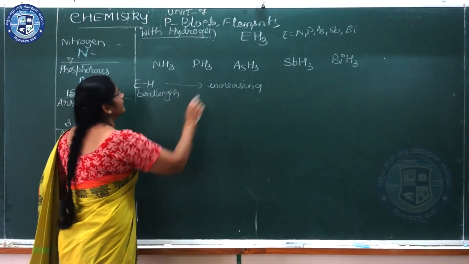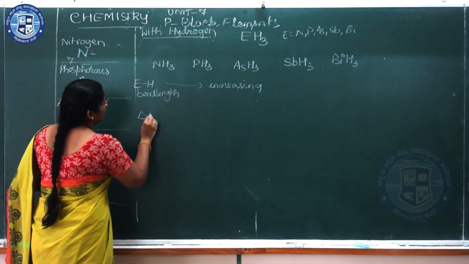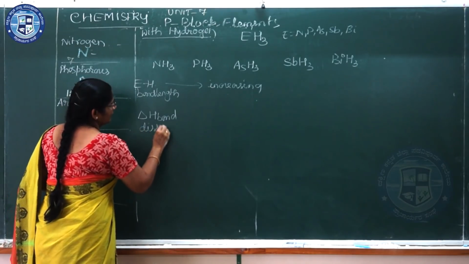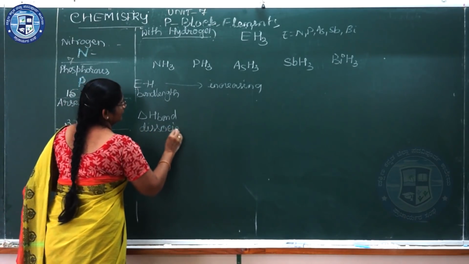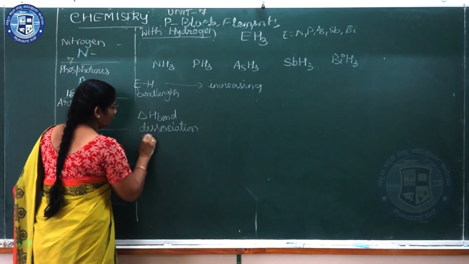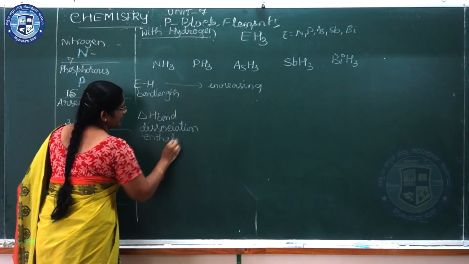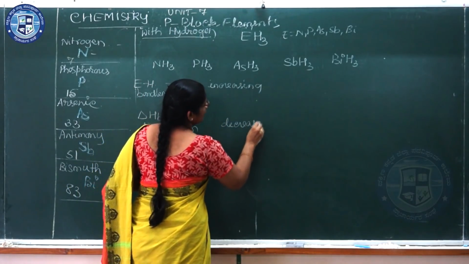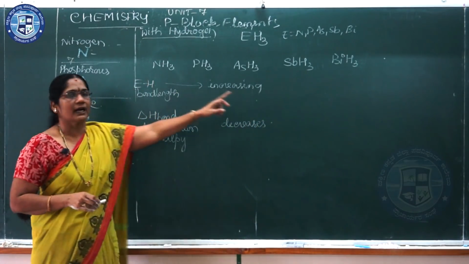So bond length increases. Therefore, the bond dissociation enthalpy of these hydrides also decreases as you move from ammonia to bismuthine.